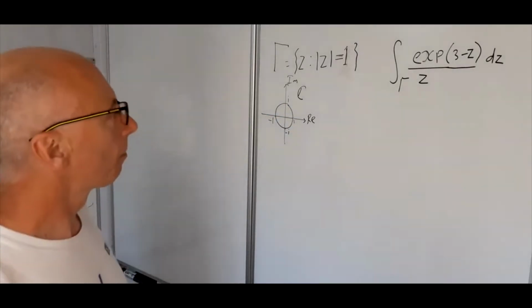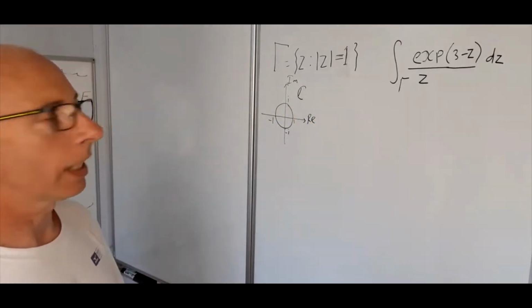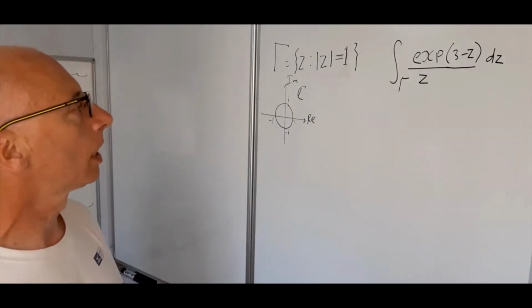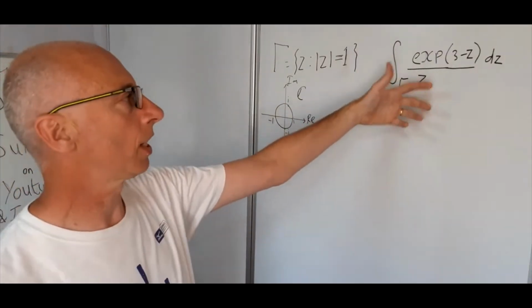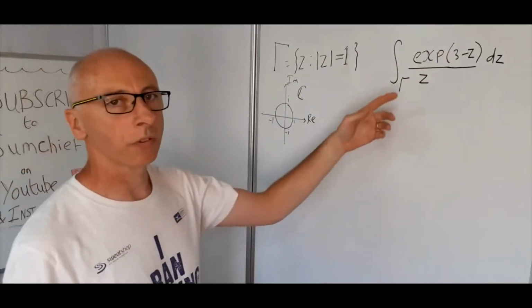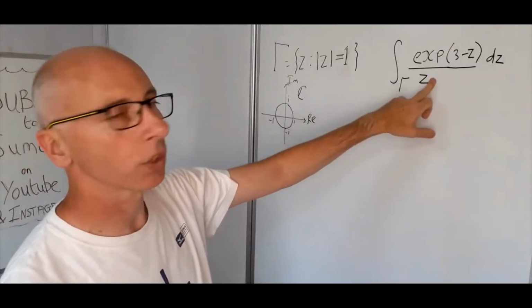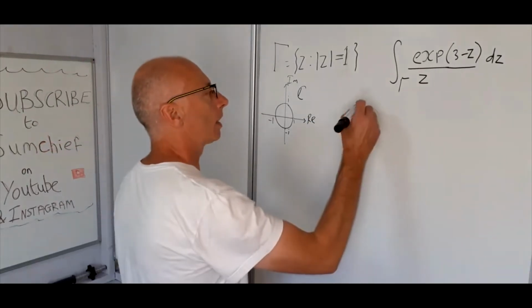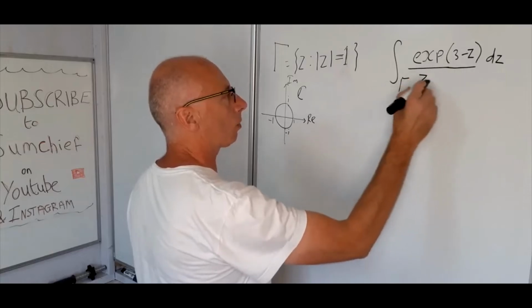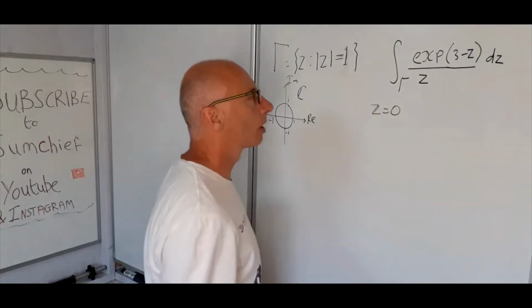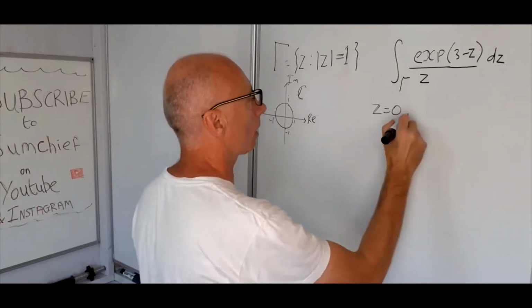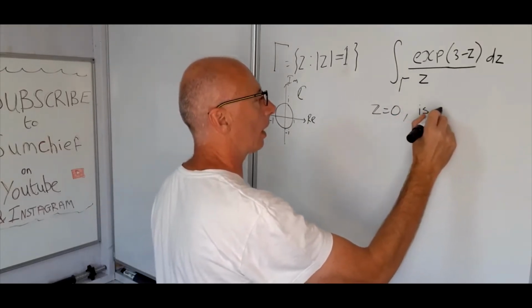Okay, so how are we going to go about integrating this function now? Using Cauchy's integral formula, we're actually not going to need to integrate. What we do is find the singularities, the points where this function is not analytic. At the point z equals 0, this function is not analytic.